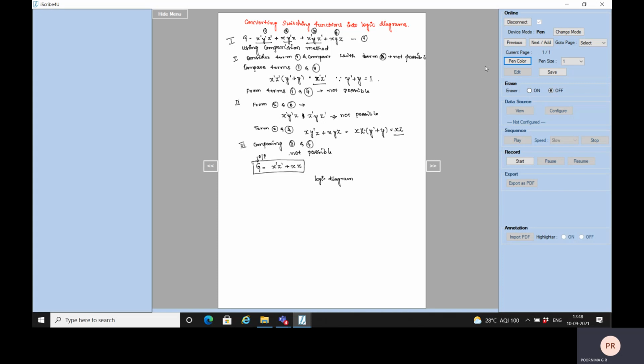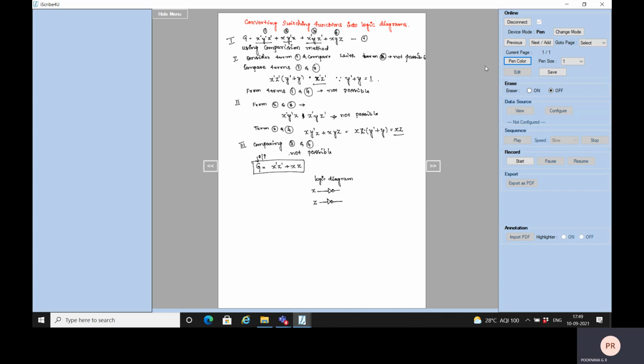So when you go for this logic diagram for the optimized result, how many variables do we have in the final expression? Please consider x, z. And from x, how can we get x bar? That is by using a NOT gate.